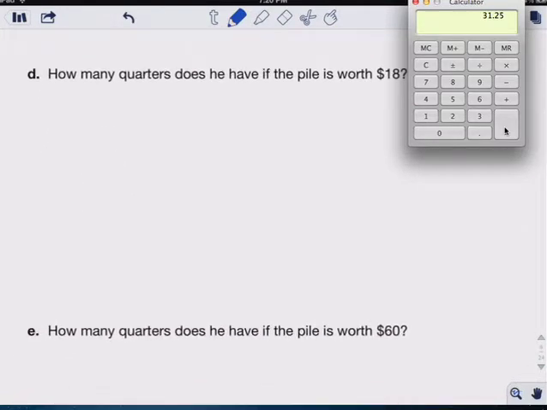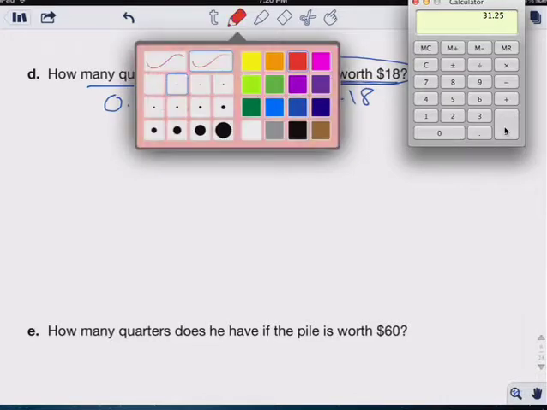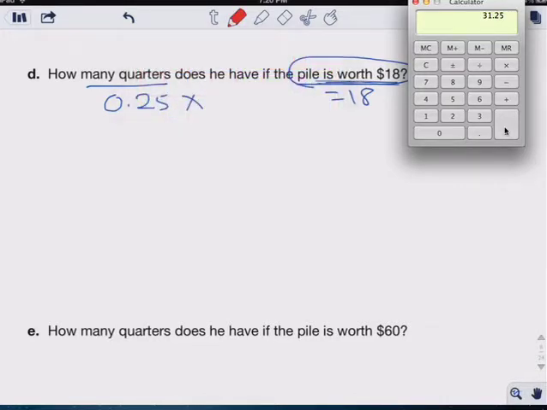Now this one is backwards. How many quarters does he have if the pile is worth this much? So if its total worth is $18, how many quarters are there? Well, there's 25 cents per quarter times x equals 18. So the only way we can do this is to divide. The number of quarters times 0.25 equals $18, and we're trying to find how many quarters we have.